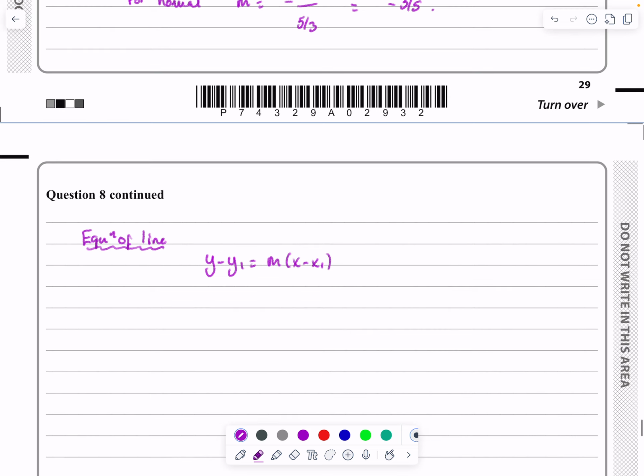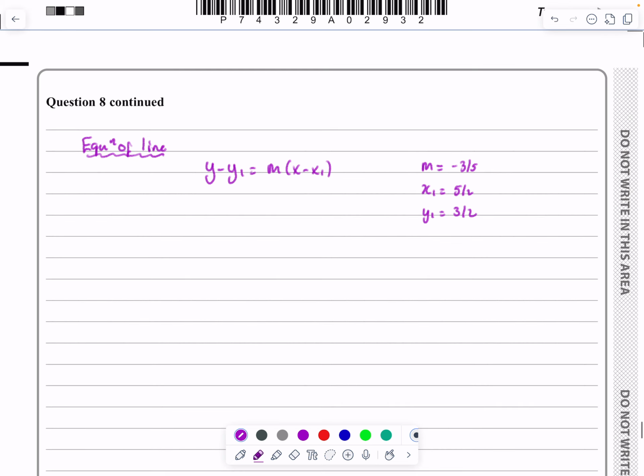What I tend to do on these videos is just label everything that I've got at this stage, have it all in one place before I start subbing it in. x1 was 5/2 and y1 was 3/2. So I'm just subbing all that stuff in. So we get y minus 3/2 is equal to minus 3/5 (x minus 5/2).